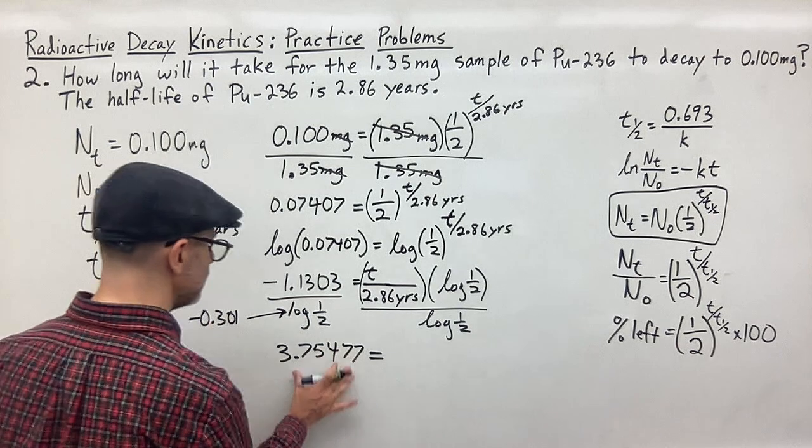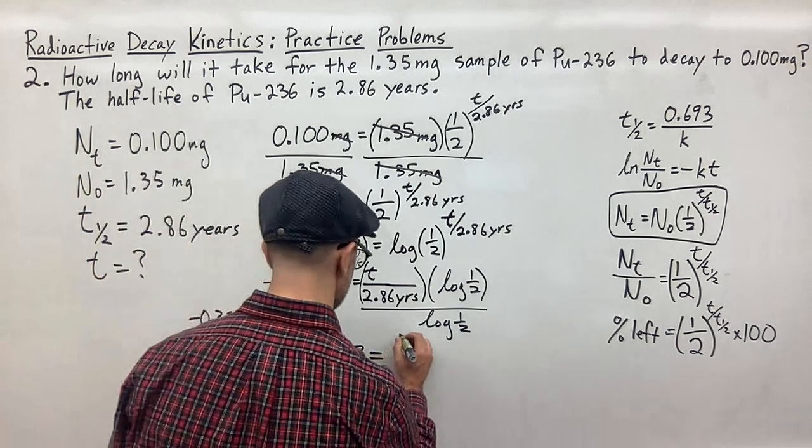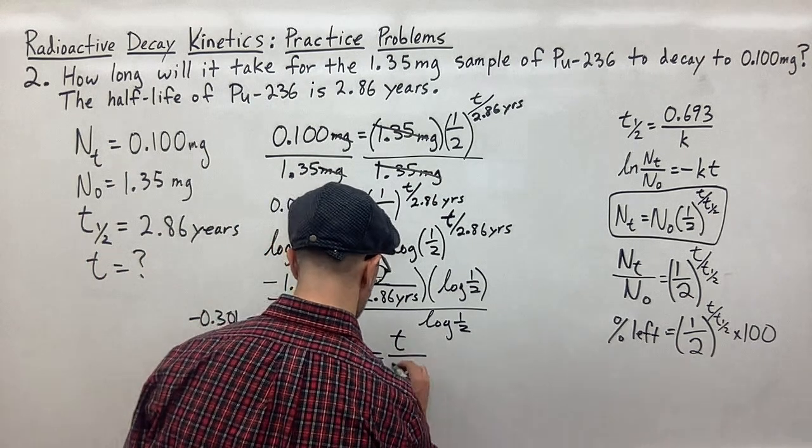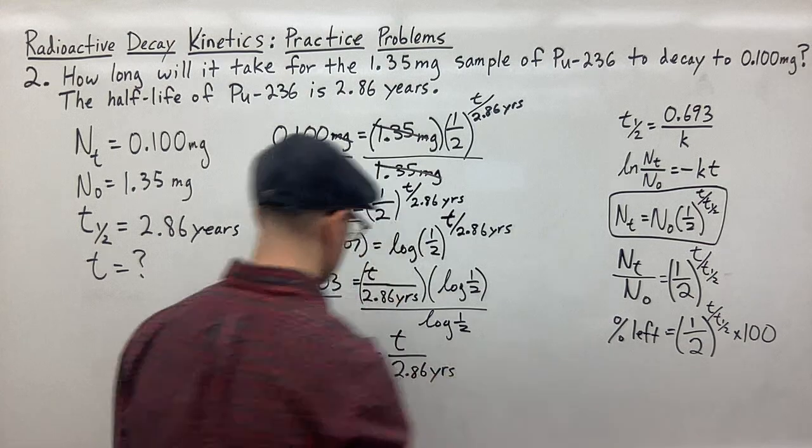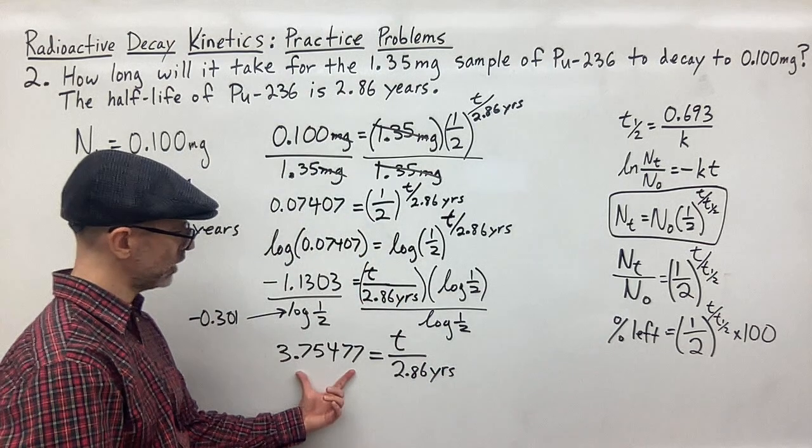So now this here is equal to t over 2.86 years. And notice that this has no units, while this has years.